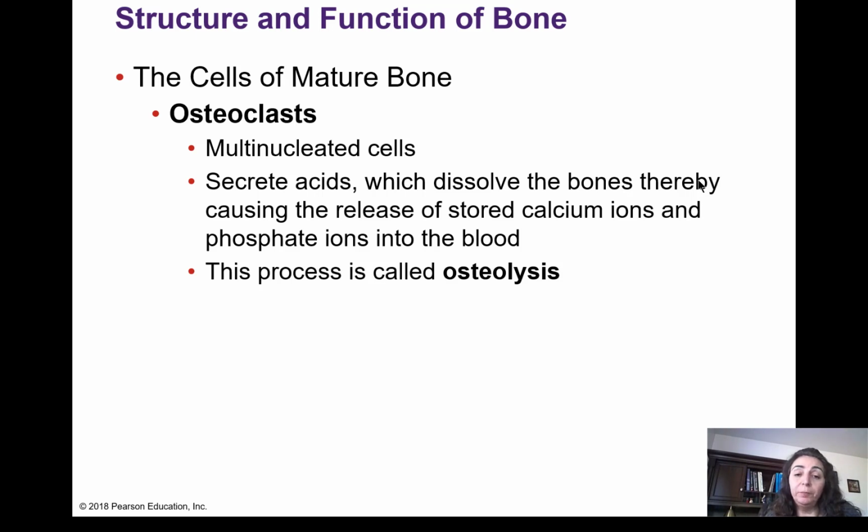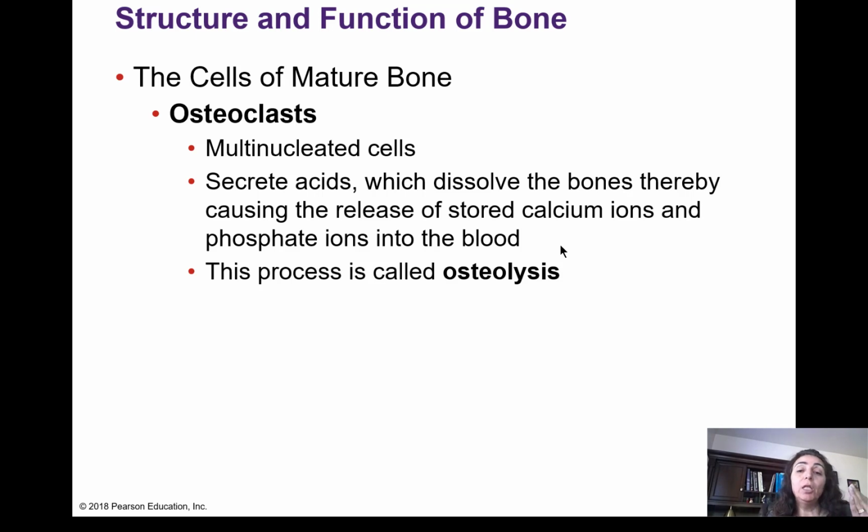And one other thing, pay attention that these osteoclasts are important, and they have an important job to maintain the concentration of the calcium ions in the blood, because whenever that goes down in the blood, we said that we have the storage of the calcium ion in the bone, but we need a way to release them, to push them into the blood, and that's the job of osteoclasts.